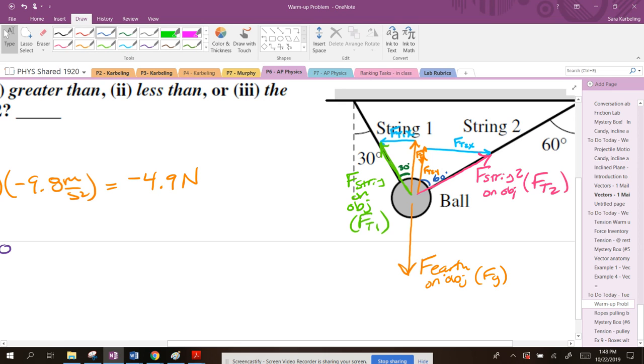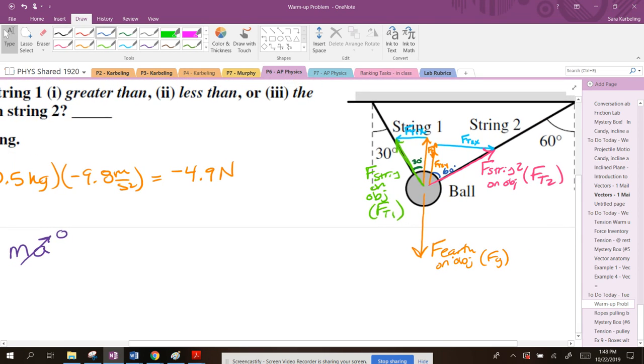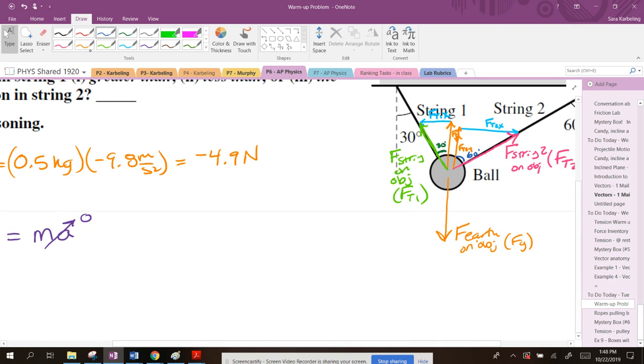Are you confused or are you happy-ish? Okay, please, because I really want you guys to get this. So talk to me if something's not making sense. FNet in the y direction. Let's write down all the things that are acting in the y direction. What's acting in the y direction? Gravity, Fg. That one's negative.